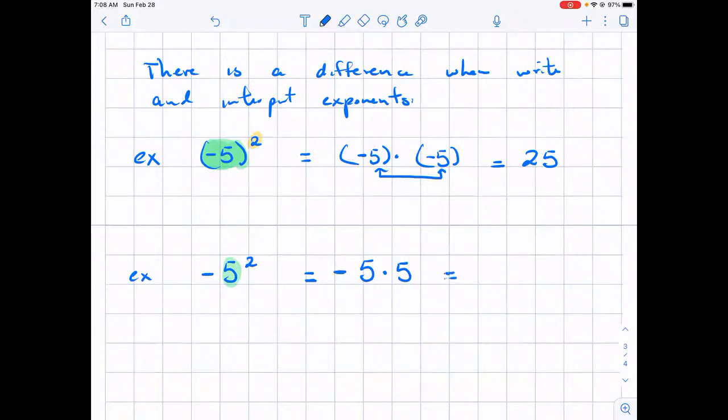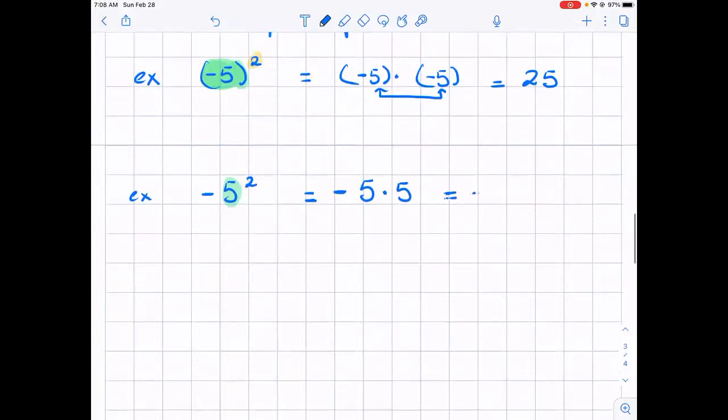So the negative stays, and we have 5 times 5 becomes 25. So be very careful with the way you have exponents and the way things are written. It's very important that you pay attention to that. Okay?